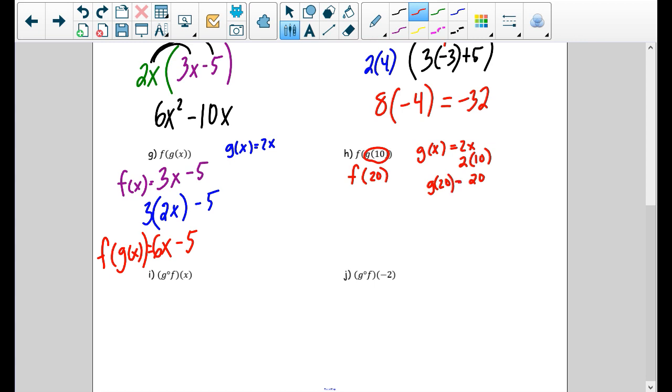Since g of 10 is 20, we're just plugging that 20 into my f function. So f function 3x minus 5. So instead of the x, we're going to say 3 times 20 minus 5. Well, 3 times 20 gives me 60 minus 5, and that leaves me with 55. So f of g of 10 is 55.